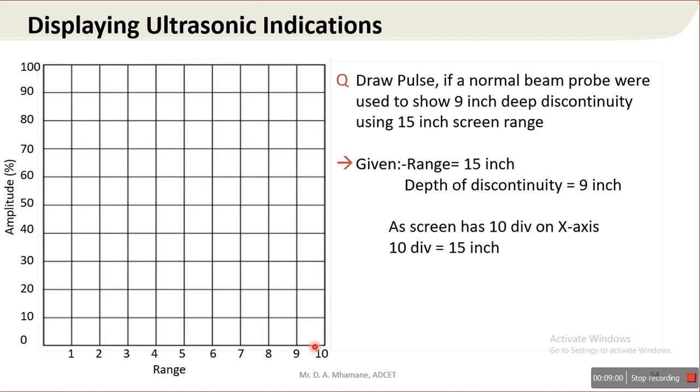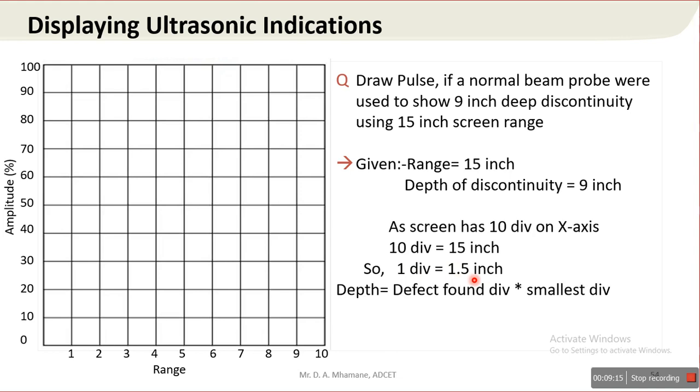So the value of 10 divisions is 15 inch. So here 1 division is equal to 1.5 inch. So we have the formula: depth is equal to defect found division multiplied by the value of the smallest division.